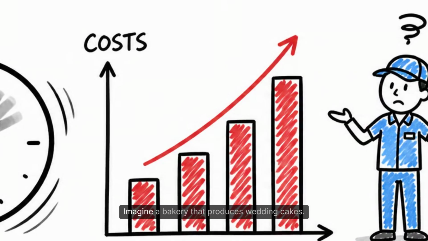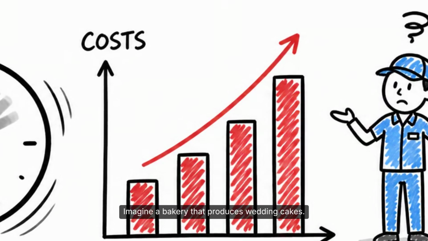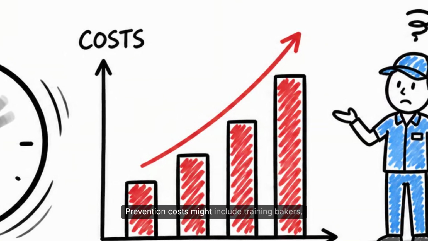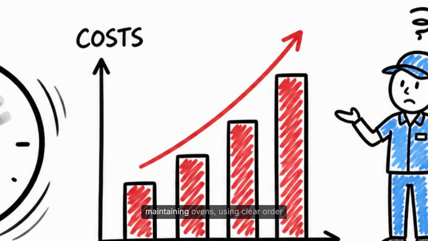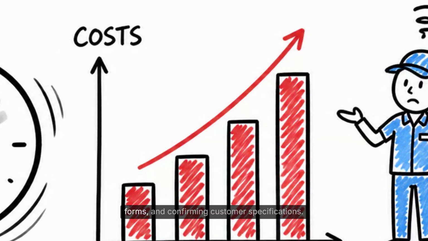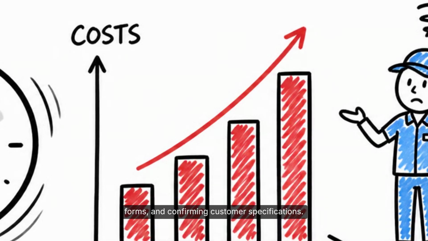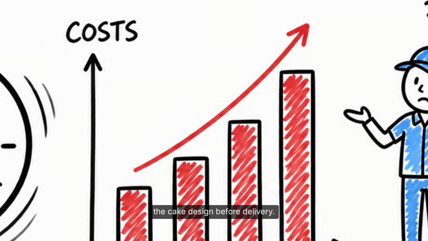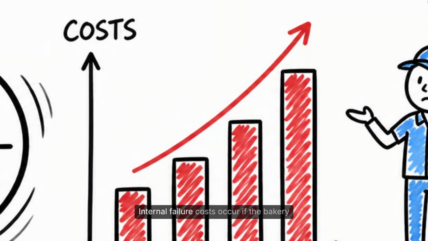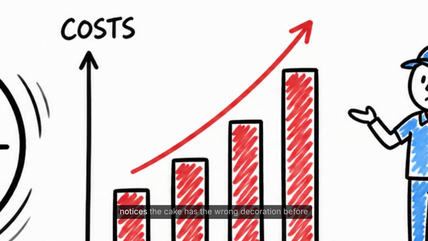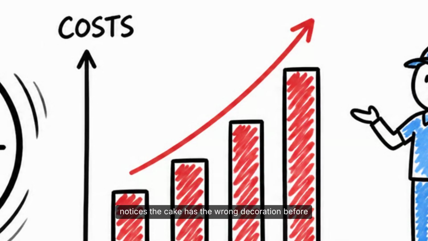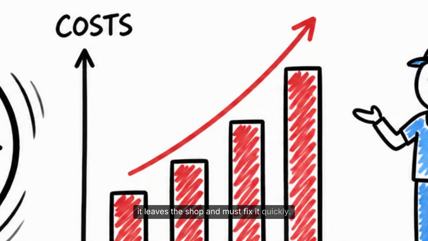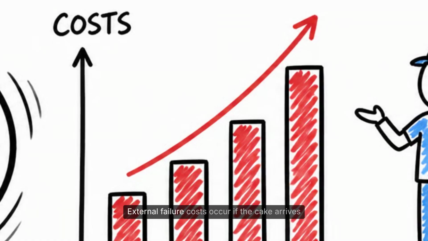Let us use a simple example. Imagine a bakery that produces wedding cakes. Prevention costs might include training bakers, maintaining ovens, using clear order forms, and confirming customer specifications. Appraisal costs might include checking the cake design before delivery. Internal failure costs occur if the bakery notices the cake has the wrong decoration before it leaves the shop and must fix it quickly.